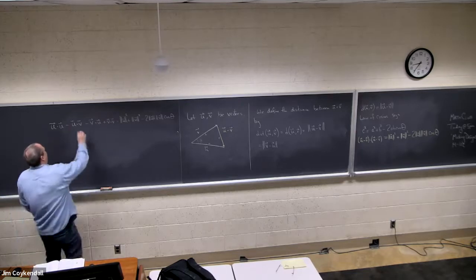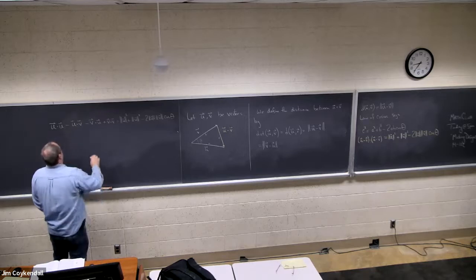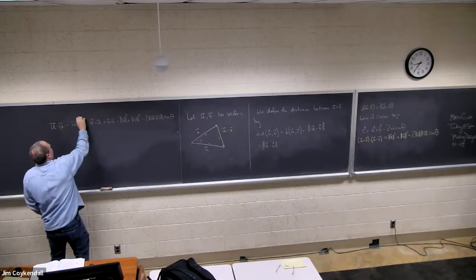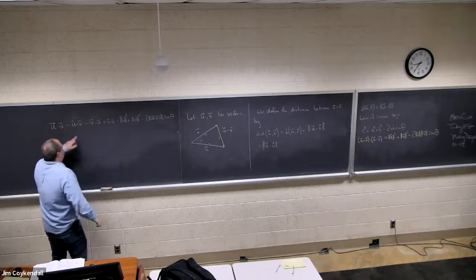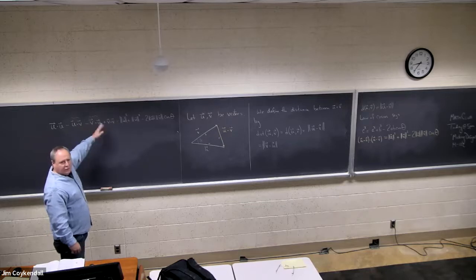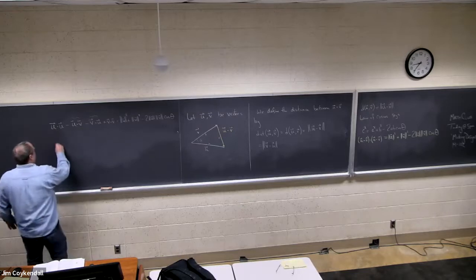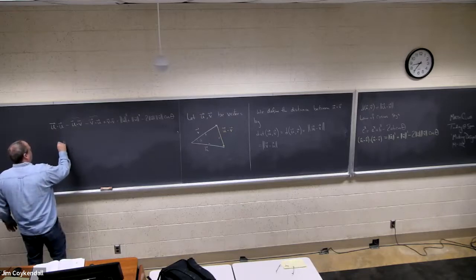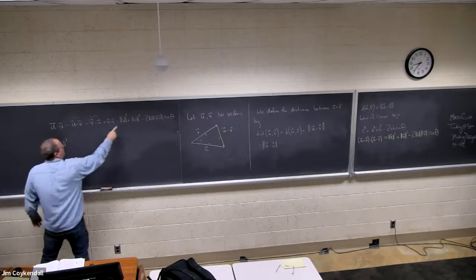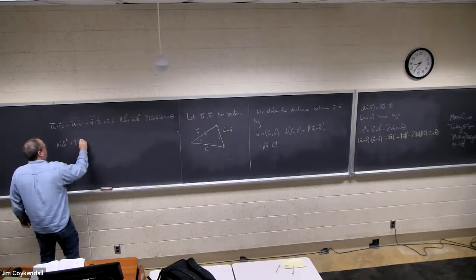Now, notice these two terms are the same, because remember, the order of the dot product doesn't matter. u dot v and v dot u are the same thing. Everybody good with that? And notice this is the length of u squared, and this is the length of v squared.